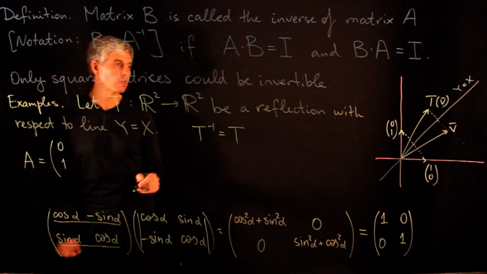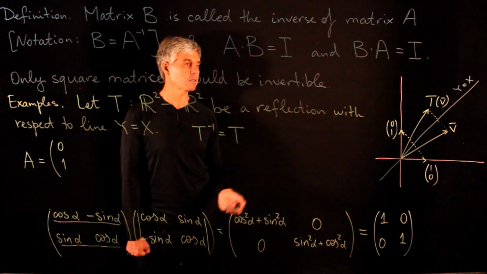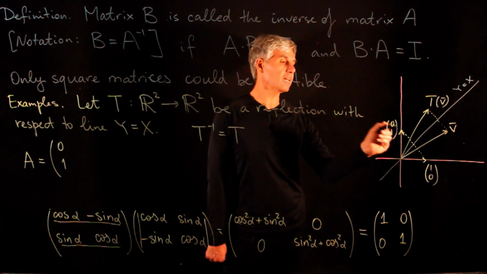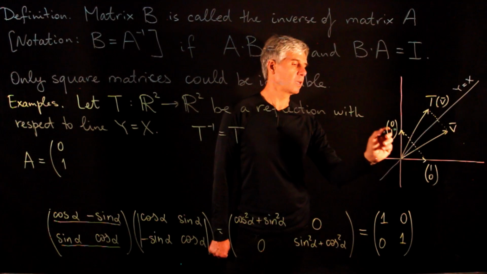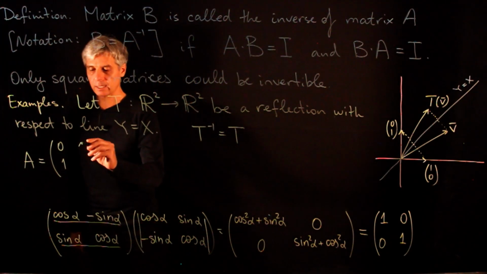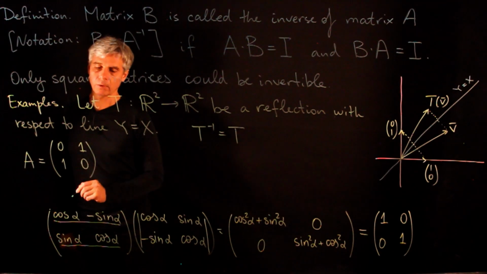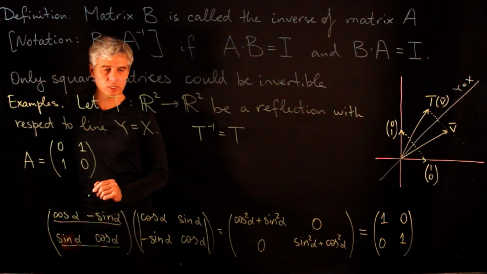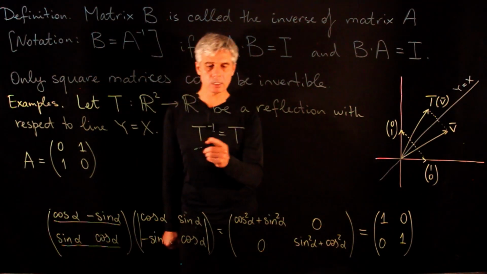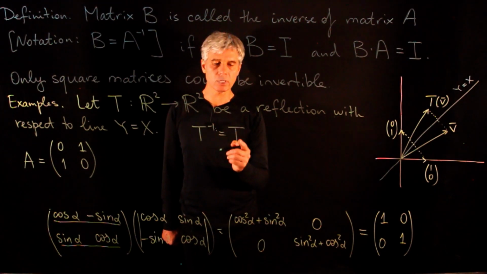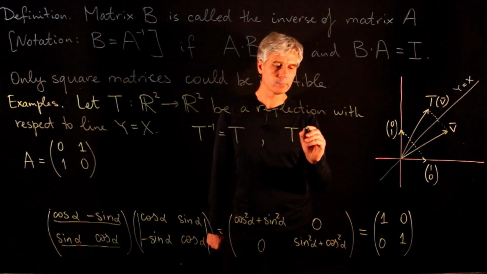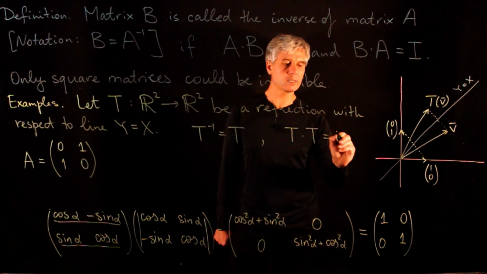So the image of the first basis vector under this transformation. Now, the second column is the image of the second basis vector, but by symmetry, 0, 1 will be transformed into 1, 0. So this tells us that the second column of this matrix is 1, 0. Then, this equality that T inverse is equal to T tells us that if we multiply T by itself, we get the identity transformation.